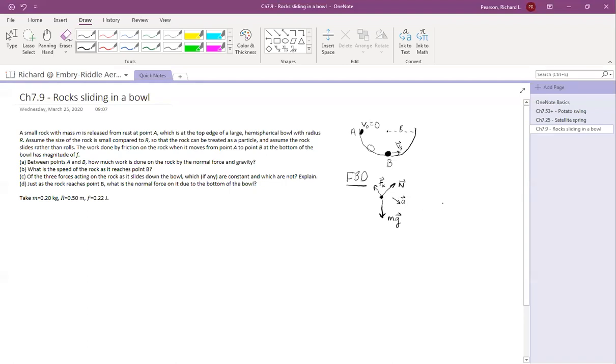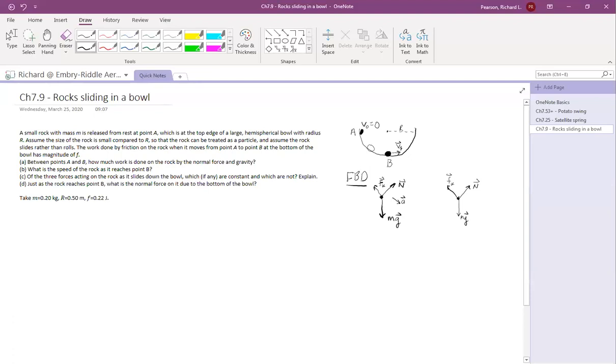Now let's look at this a little bit closer, or specifically about the force of gravity. So here's our normal, here's our frictional force, and it's a kinetic friction because we're sliding, right? It's a sliding motion. And here's our force due to gravity.